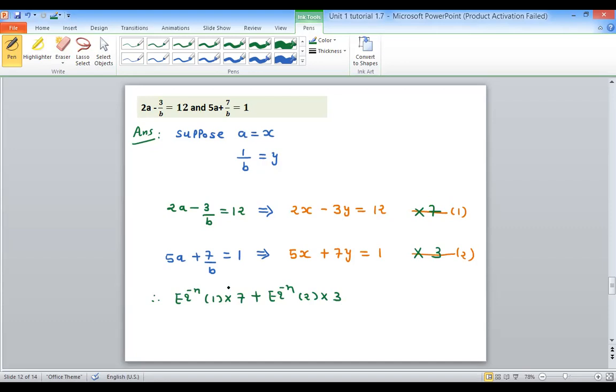So let's start. If 7 is multiplied by 1, so what happened? I use the next slide.